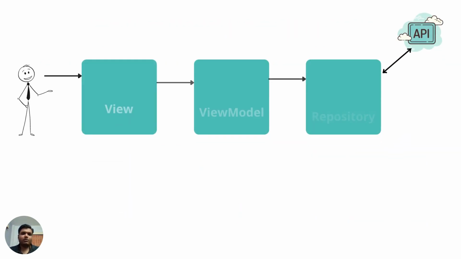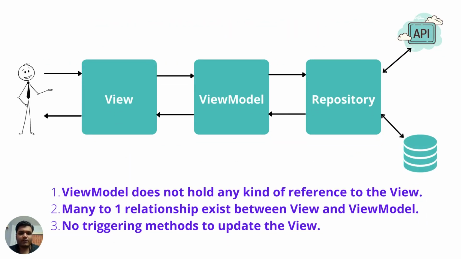Now, what happens in an Android application is that the model layer becomes the repository. If this repository wants to fetch data from the internet, it can do so by the use of APIs. And if it wants to fetch data from a local database, it can do so with the help of various database drivers, etc. As I already told, the view model does not hold any kind of reference to the view.